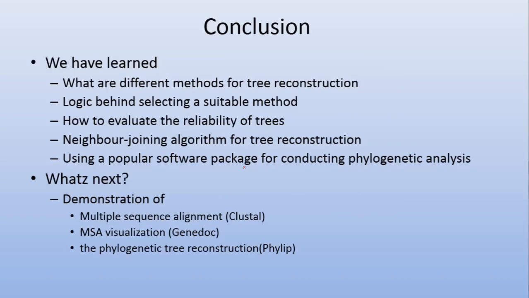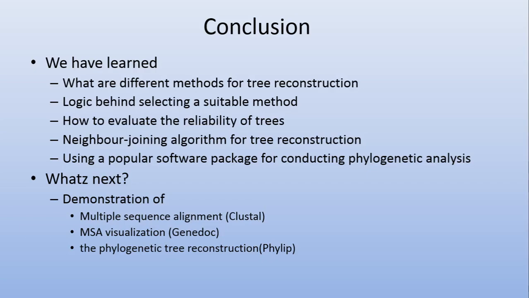Okay, so this is what I would like to conclude. We have learned what the different methods available for tree reconstruction are. We have learned that trees can be reconstructed using character based methods or distance based methods, right? We have also discussed the logic behind selecting a suitable method, when to use a parsimony based method, a distance based method, or a maximum likelihood method.